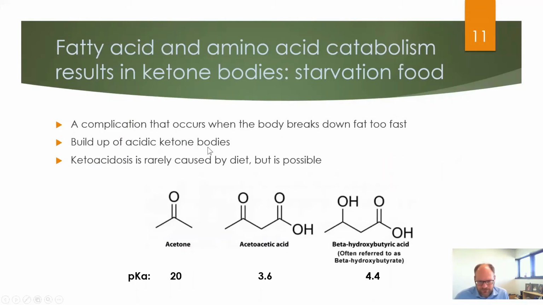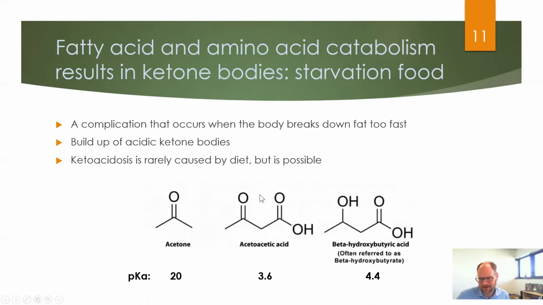So this is what the structure of these 3 primary ketone bodies we're talking about looks like: acetone, acetoacetate, and beta hydroxybutyrate. All 3 of these ultimately come from this condition where we're breaking down fats, and we don't have a sufficient draw into the TCA cycle.